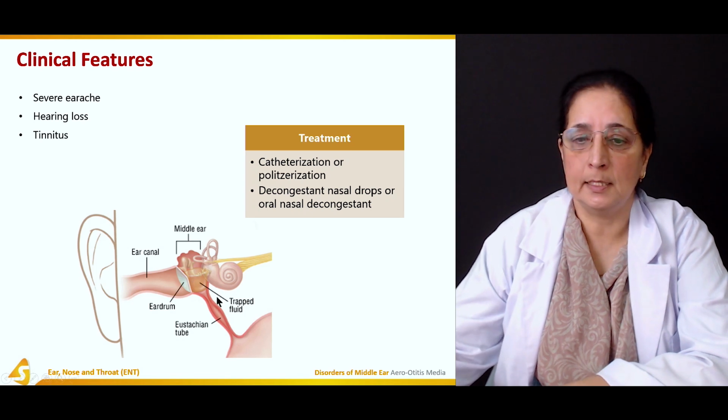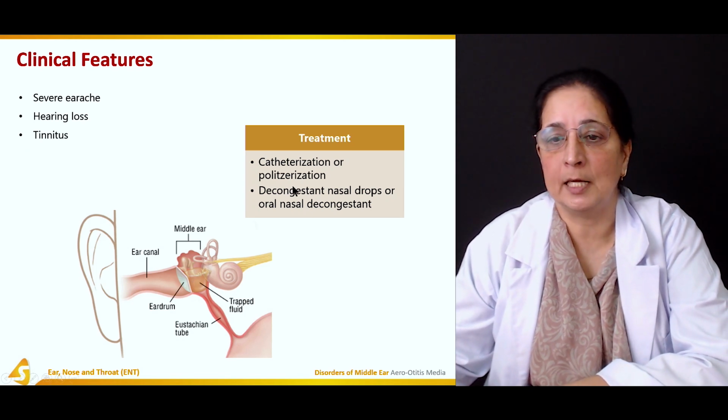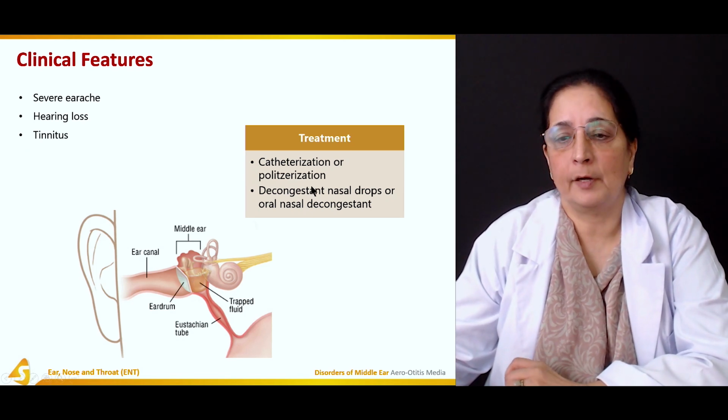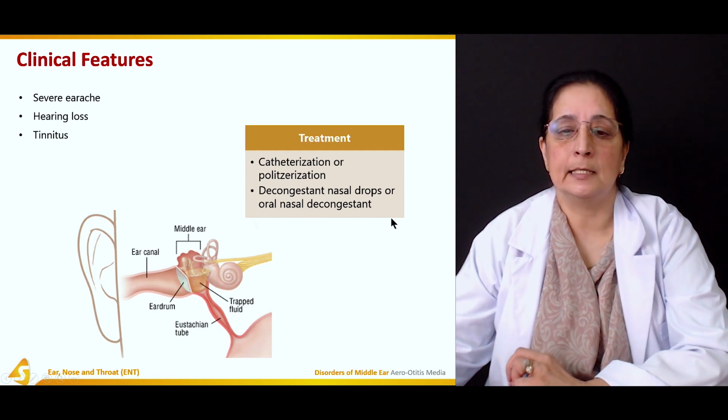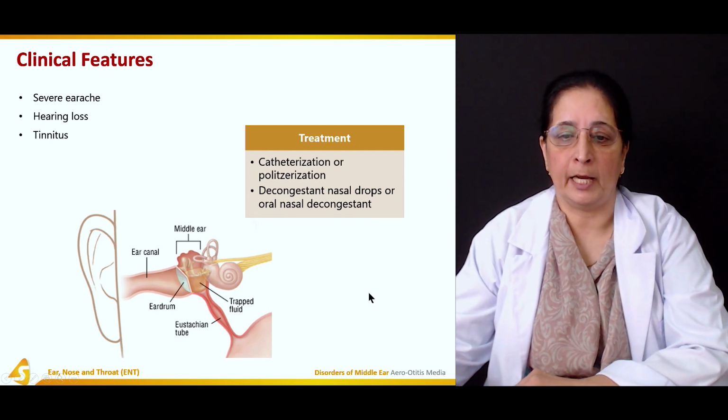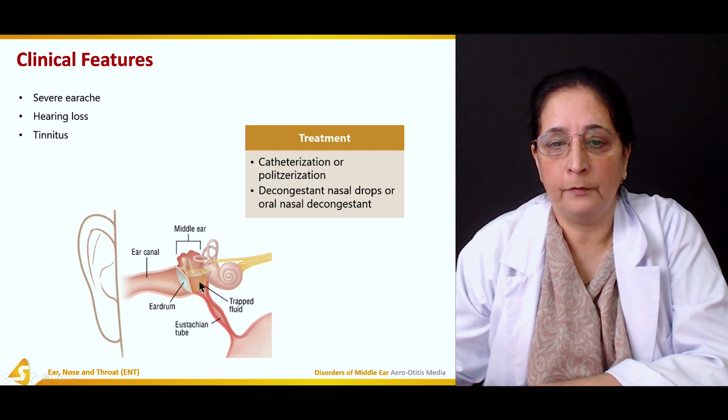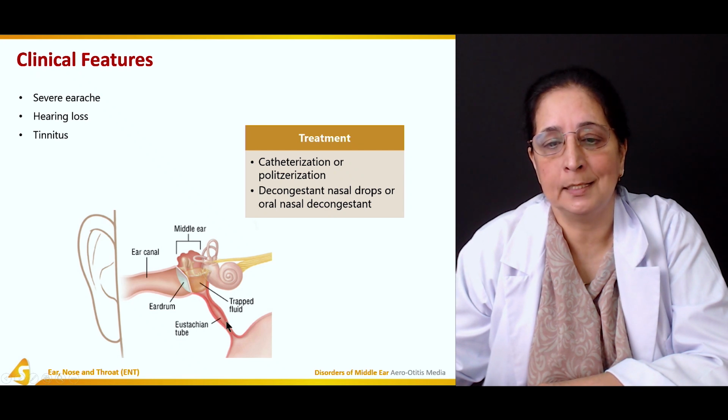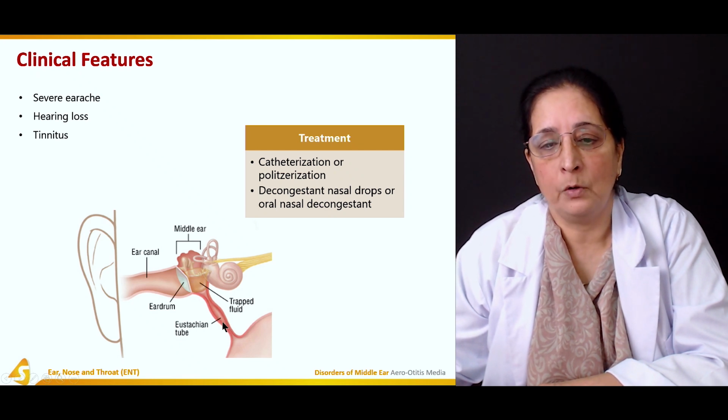The treatment is catheterization or politzerization. Decongestant nasal drops can also be tried. So this is the trapped fluid, with the eustachian tube not functioning properly. You can see it's narrowed and there is fluid in the middle ear.